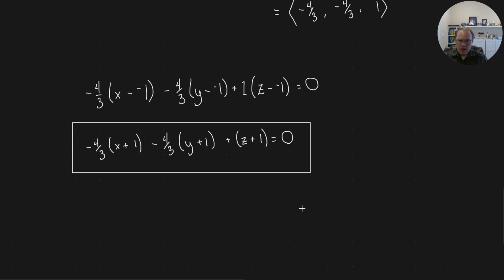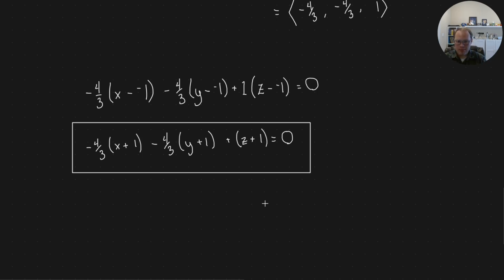Okay? And that's fine as a final answer. If it's me, I'd actually multiply both sides of the equation by -3. That would change the first component into a positive. Mathematicians, we tend to like the first component to be positive, the first term to be positive, if we can help it. And it would also get rid of the fraction.